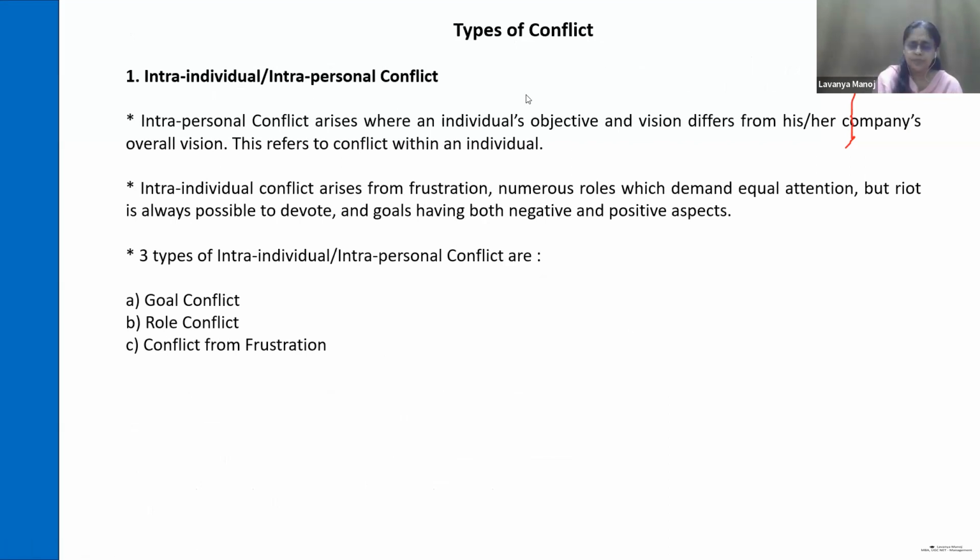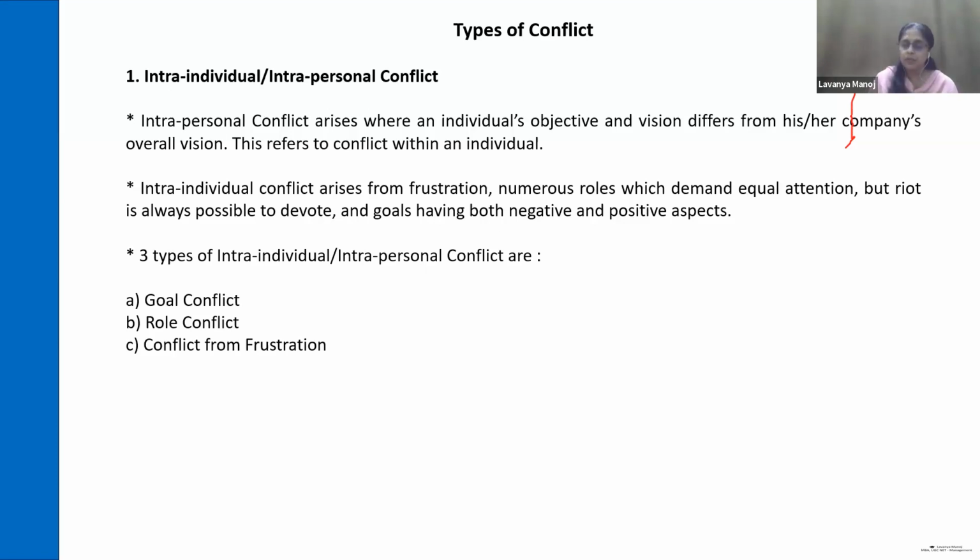The employee may have dreams of achieving something, or may have thought, if I join the company, I would become like this, I would learn a lot of things, my career would change, and my lifestyle would change. But after joining the company, for various reasons, the employee may think he or she has made a wrong decision.